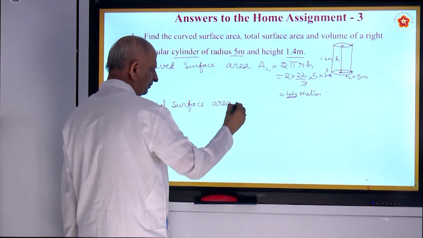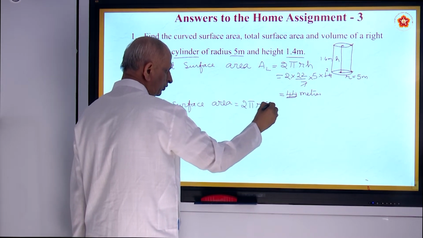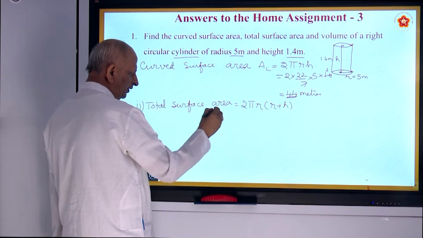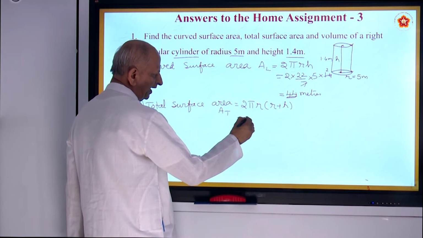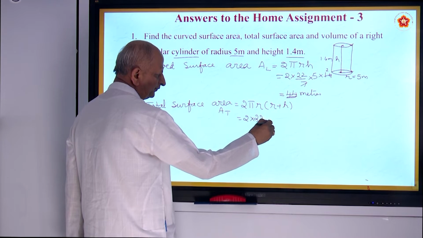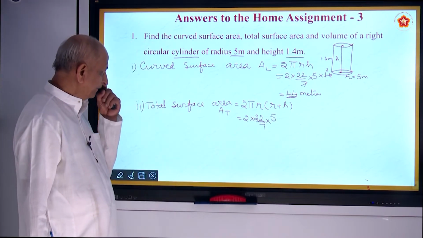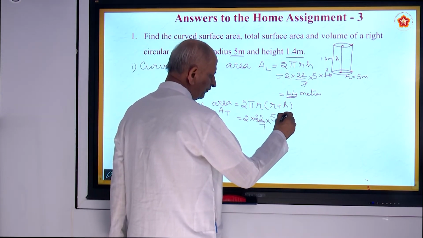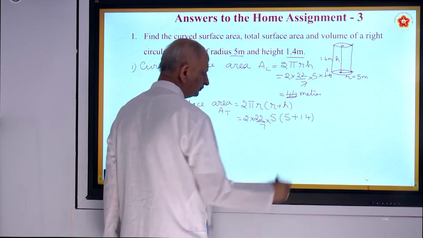So you can use the formula 2 pi r into r plus h. Here we call it as AT. r is called radius, correct? So pi is 22/7 into r is 5, r plus h. What is r? 5 plus h means 1.4.